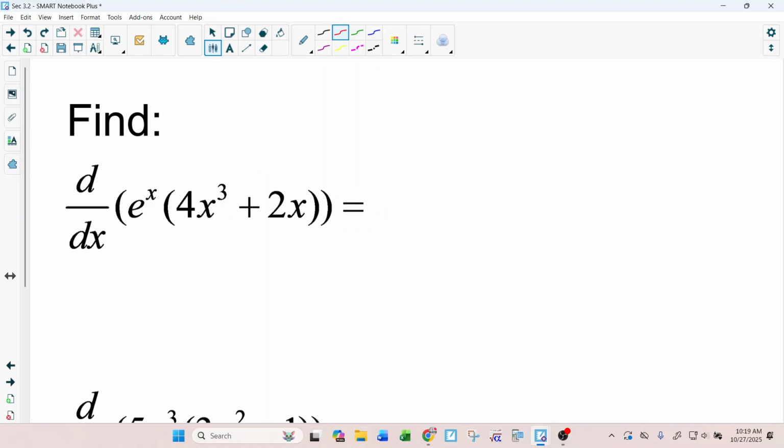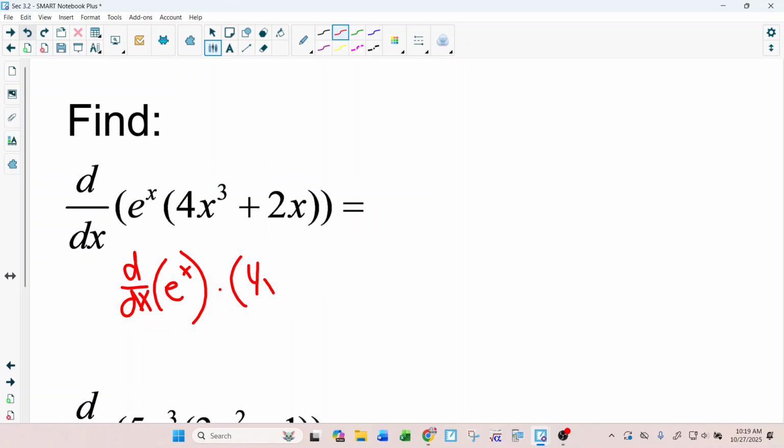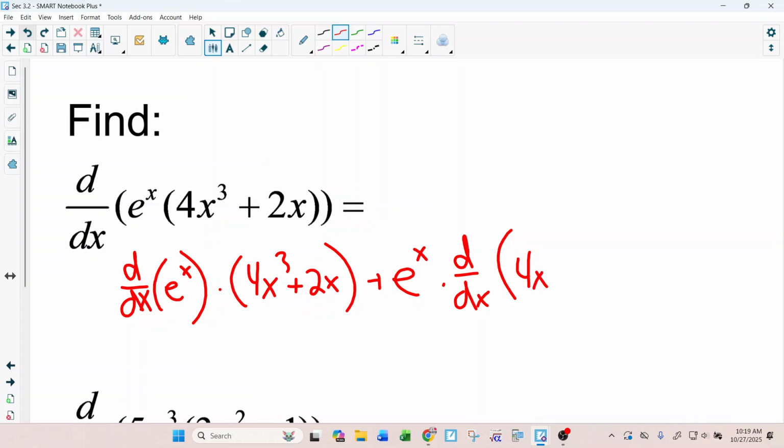It is the derivative of the first times the second plus the first times the derivative of the second. So that's our product.